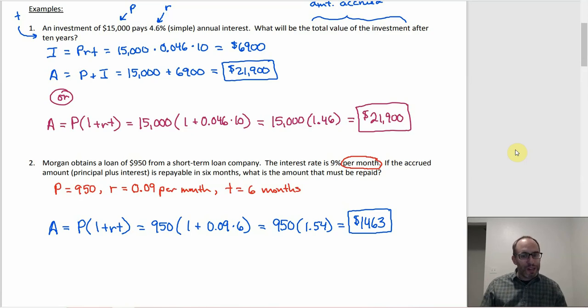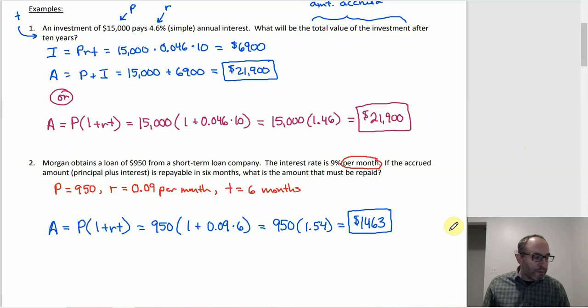Because the interest rate doesn't look too intense, except when you factor in that it's per month instead of per year. Right? 9% per year, that's doable. 9% per month, right? That'll build really fast if you don't pay it off right away. And so that's why after 6 months, it's over 1.5 times what Morgan actually received for the loan.